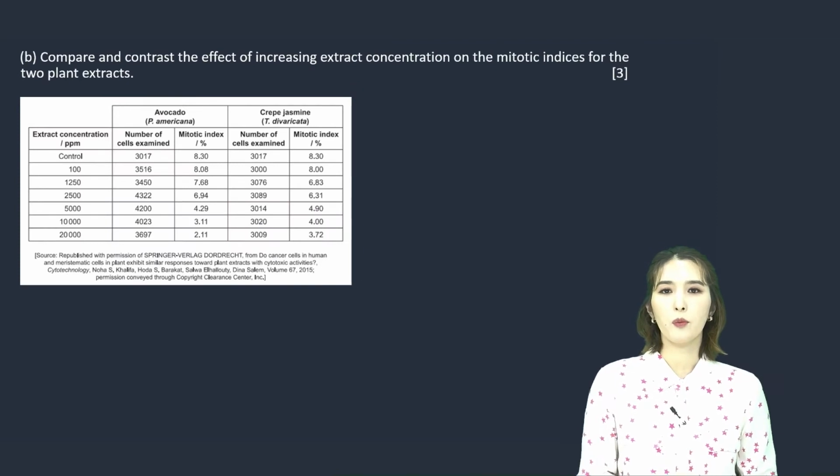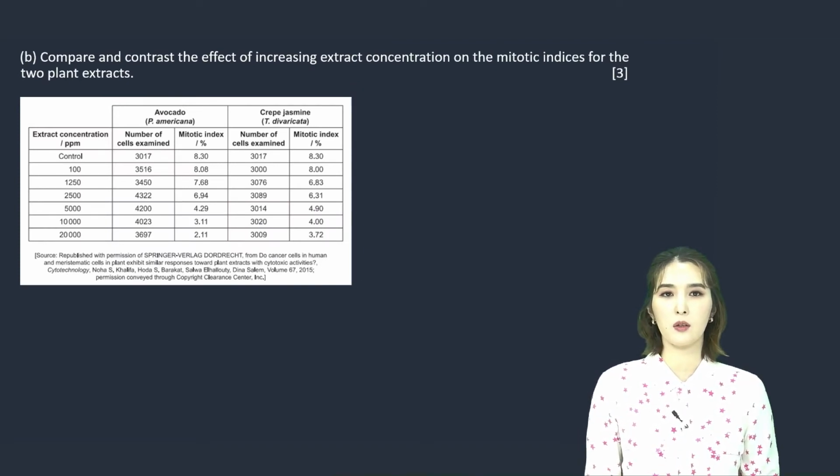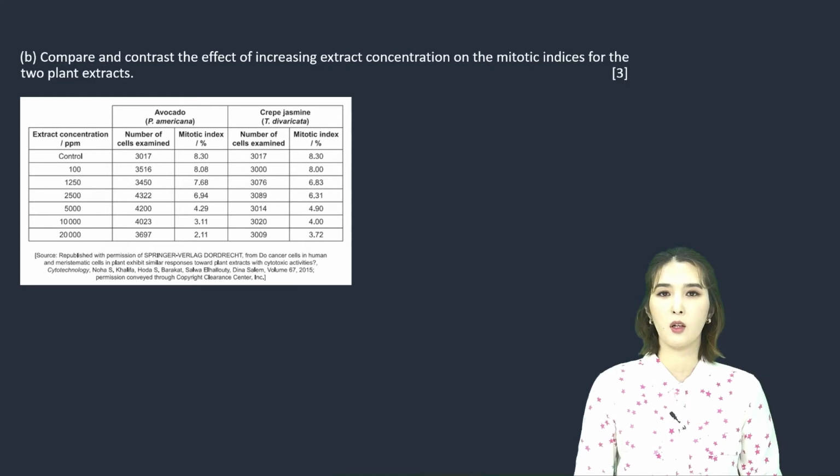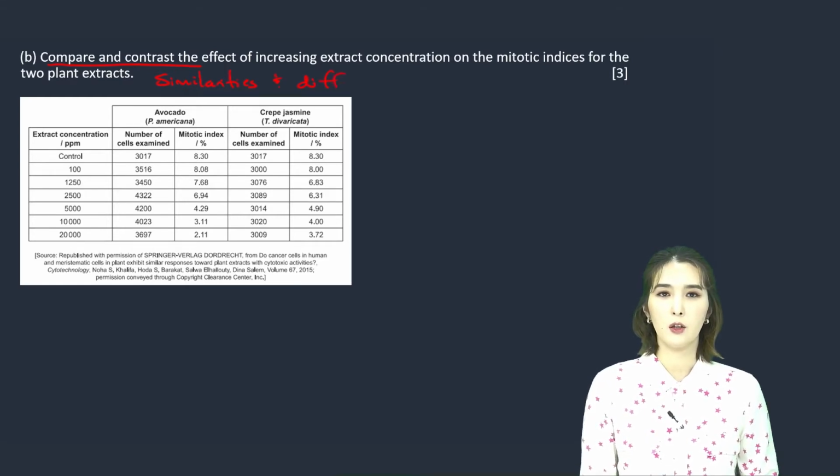Now for question B, they want us to compare and contrast the effect of increasing extract concentration on the mitotic indices for the two plant extracts. And so here, whenever you get a question that says compare and contrast, they're asking you to write down the similarities and differences. You do need at least one similarity and at least one difference for this question.